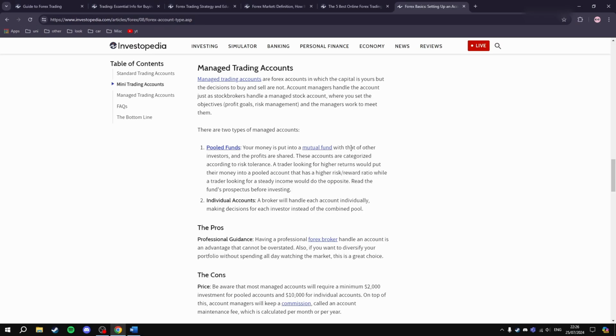Account managers handle the account just as stockbrokers handle a managed stock account, where you set the objectives, profit goals, risk management, and the managers work to meet them.